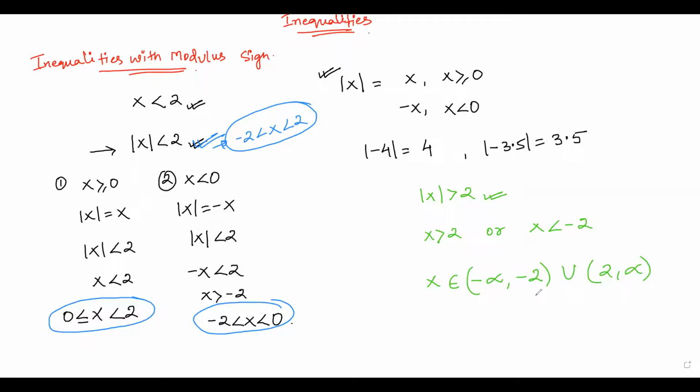And here we are using open brackets since we are not considering x equal to 2 or minus 2. So the range of values of x for which mod of x would be greater than 2 would be simply x belongs to minus infinity to minus 2 union 2 to infinity.